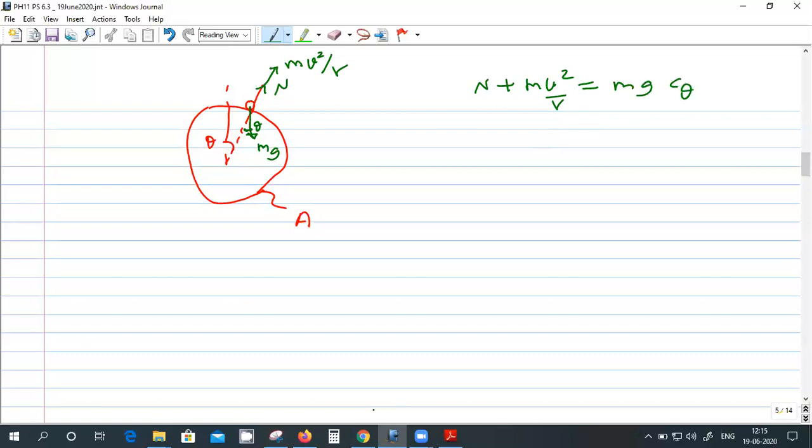Okay, and how will you find velocity? By energy equation. Loss in potential energy will give that velocity, right? Loss in height, that is R minus R cos theta.